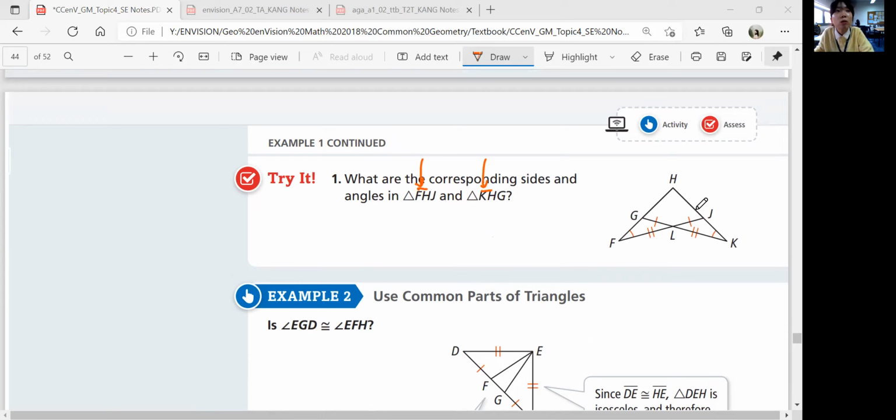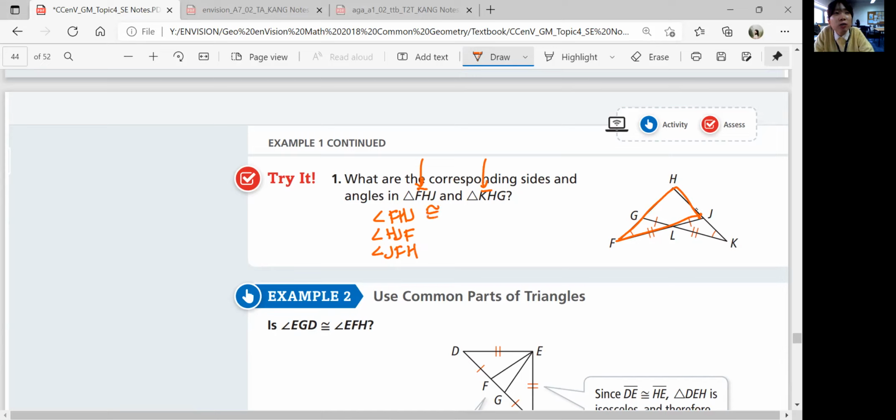Okay, so without looking at the diagram, you can just figure out that angle F and K should be congruent, H and H should be congruent, J and G should be congruent, but the angles must be specified, right? So in triangle FHJ, we have angle FHJ and angle HJF and angle JFH.